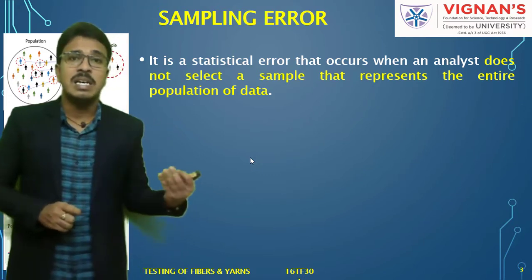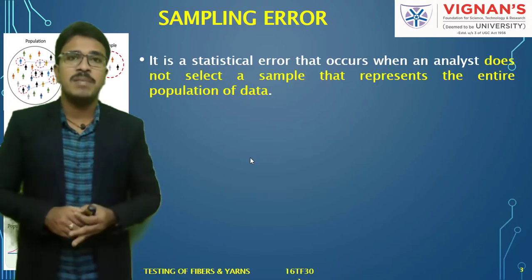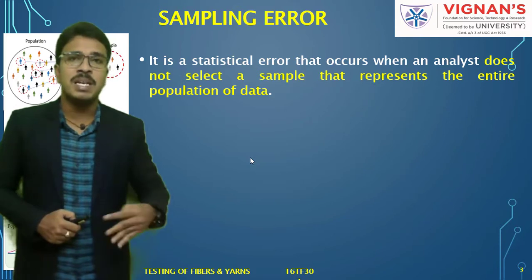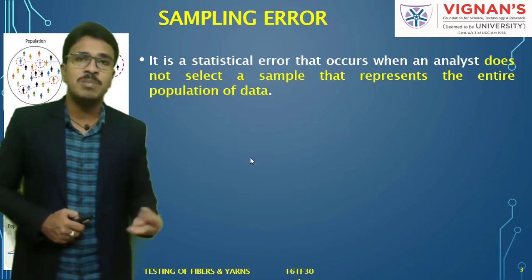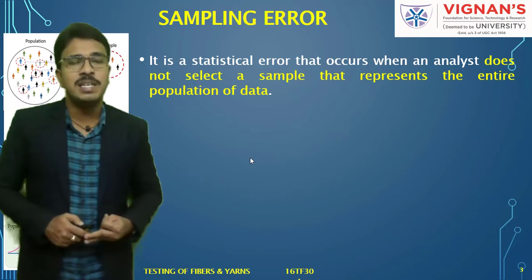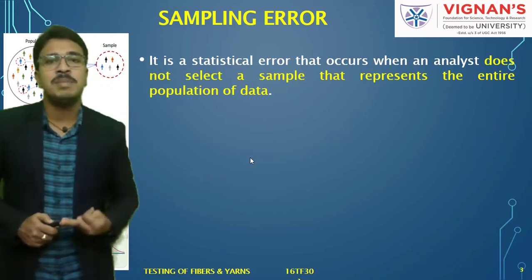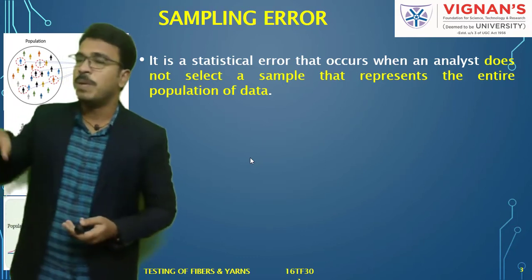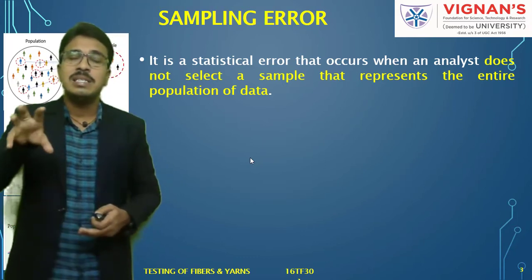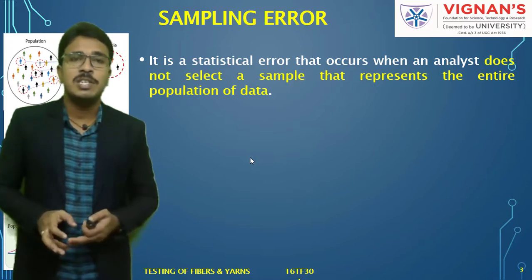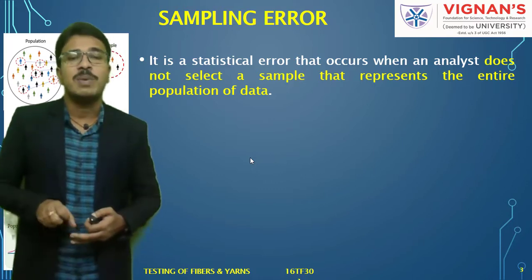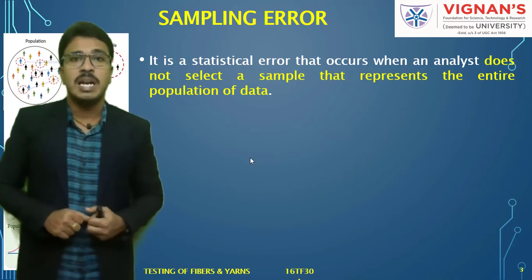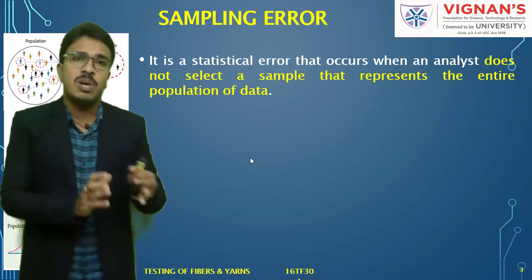In the last class we discussed that there are three different types of sampling: random sampling, numerical sampling, and bias sampling. Which one is most advantageous? Obviously random sampling is a very good sampling process. Why? Because we select the samples randomly from the population, instead of from one particular place. That is called sampling.